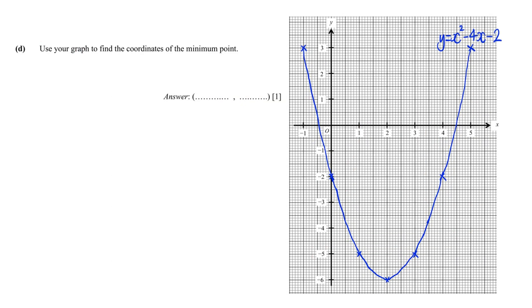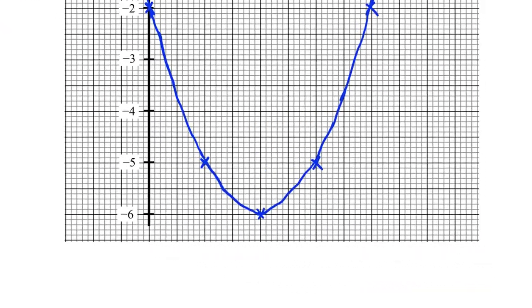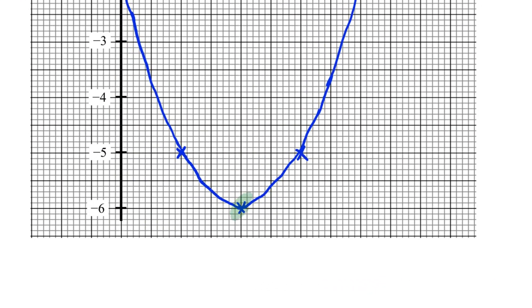Now for this particular part of this question, do take note again, we need to use the graph to find the coordinates of the minimum point, and therefore no working should be seen here by algebraic method. So we just need to very clearly indicate here. Let me just zoom in at the minimum point. And how do you show the working? It will be good if you indicate here the coordinates on the graph itself.